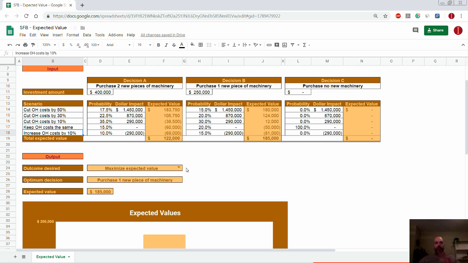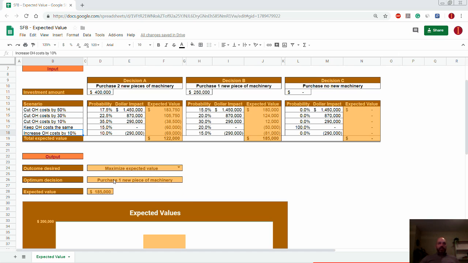If you weren't factoring in revenue or cost savings at all, I should say, this isn't revenue, this is cost savings, then you'd want to minimize expected value. You want to minimize the expected increase in costs. So if you are facing decisions where it's going to cost more no matter what, and revenue doesn't really factor in, then you'd want to minimize.